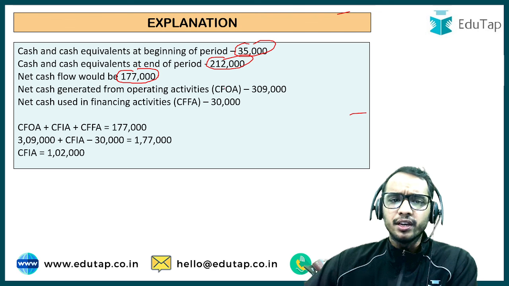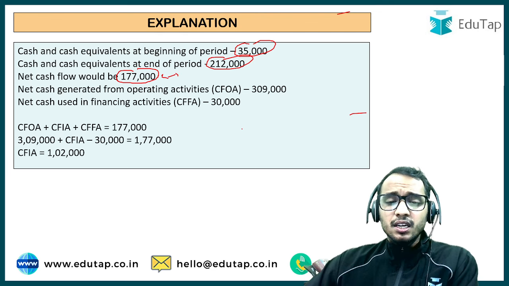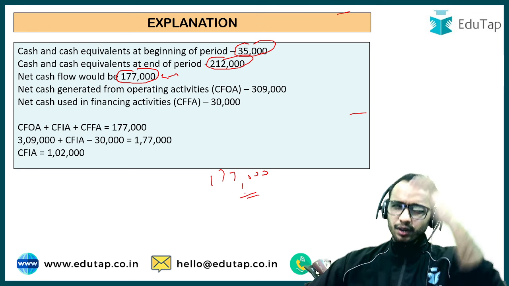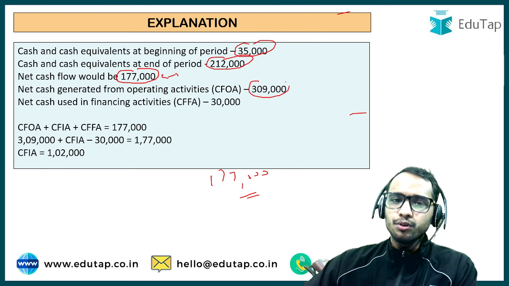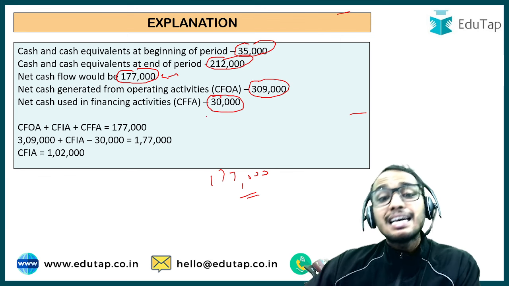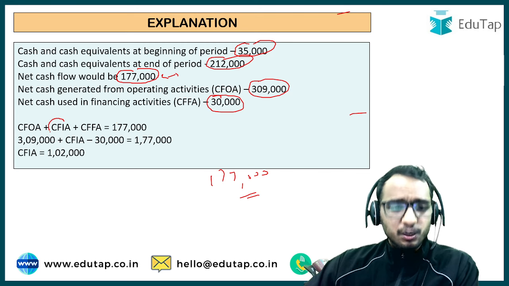This is what we are doing here. That becomes your 1,77,000, right? Now this 1,77,000 is cash flow in the current year, so that will be equal to the cash flow from operating activities, used in financing activities, and your cash flow from investing activities as well.